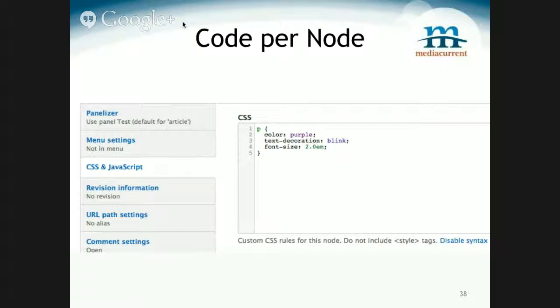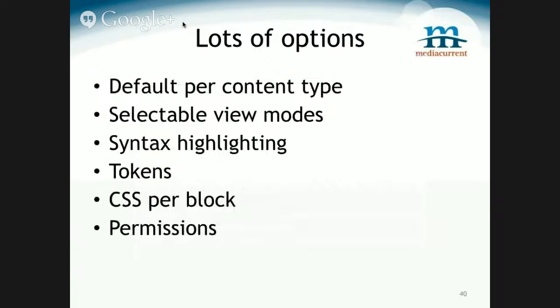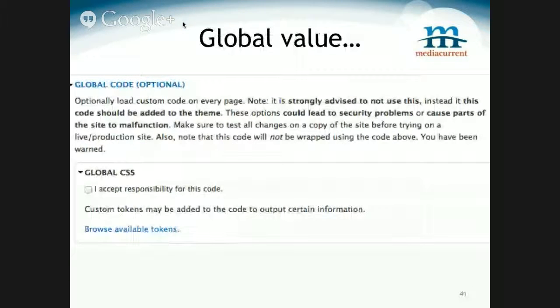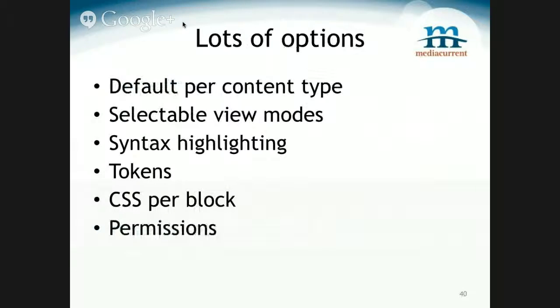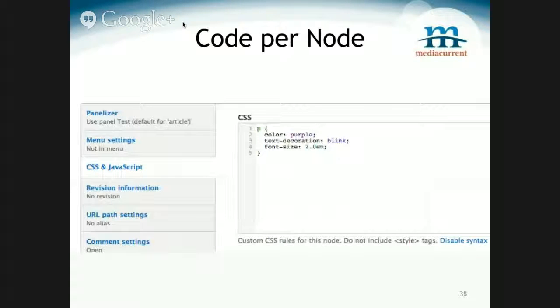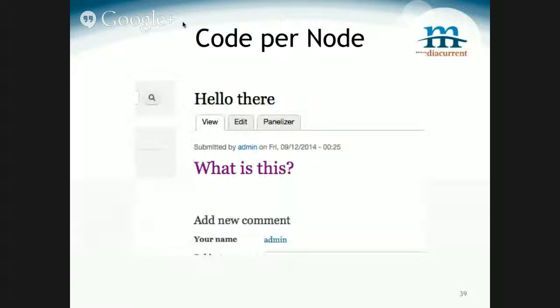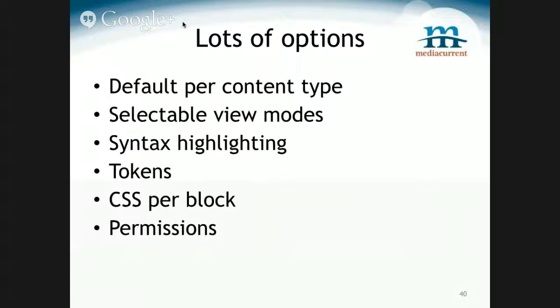So you upload your JPEG or PNG file, and you can put in a token. I think I have an example here in a second. No, I'm sorry. But you can put in a token to say have the node type, or even just the node ID if you need to get to that level.